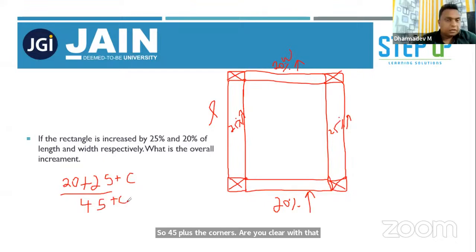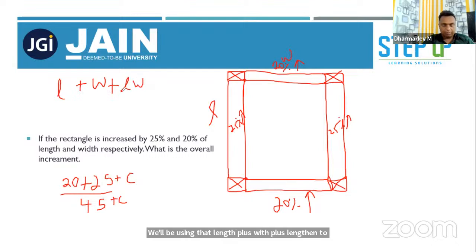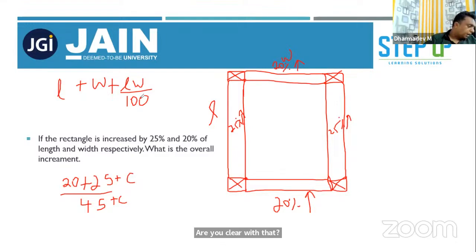So how to find this? We'll be using length plus width plus length into width by 100. Did you get it? Length into width by 100. Clear with that, right?